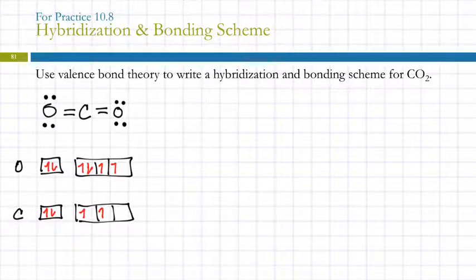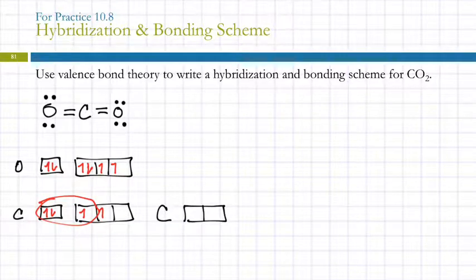We don't see the 4 bond thing there, but there's going to be some hybridization, right? How many electron groups on this carbon? 2. So hybridization is sp. So we're going to take an S and a P. And so for the hybrid carbon, we're going to have sp, and we're going to have the remaining unhybridized p orbitals.